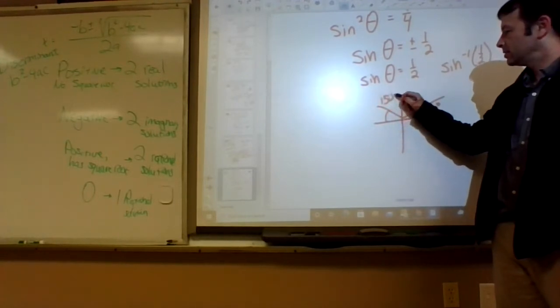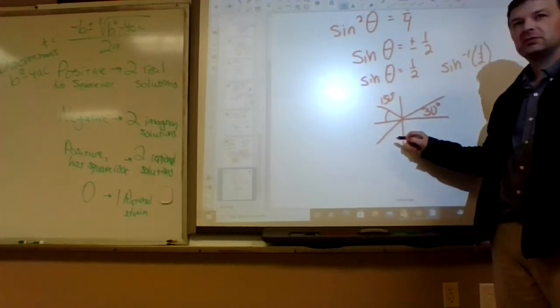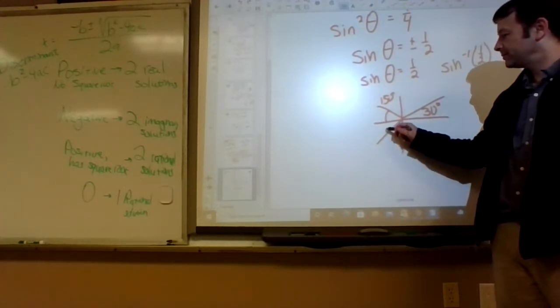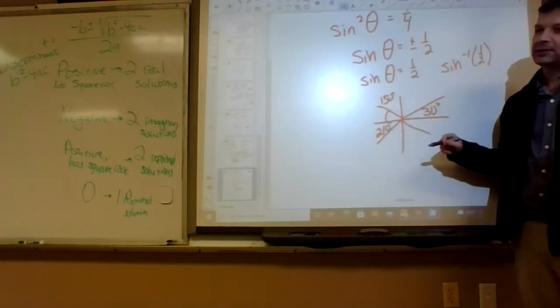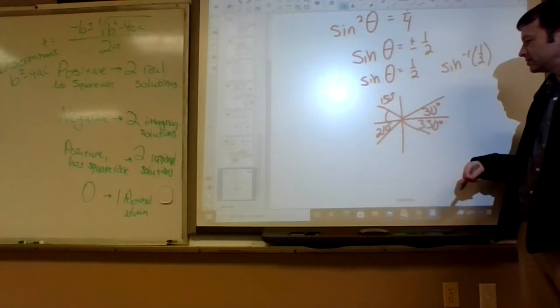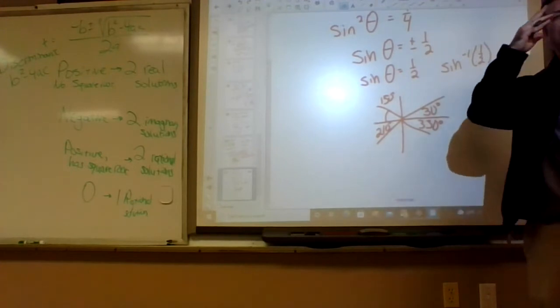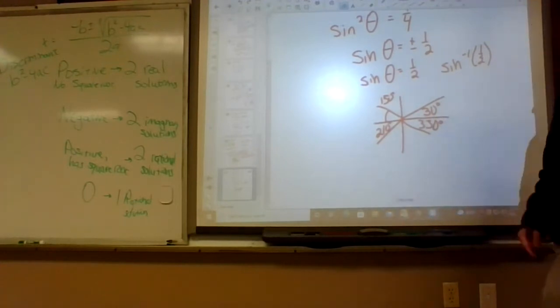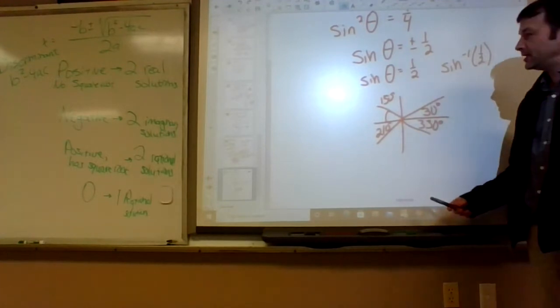Then 180 plus 30, 210. And 360 minus 30. Those are the 4. You don't really have to draw the picture, that just helps us imagine it a little bit. The picture's not the answer.